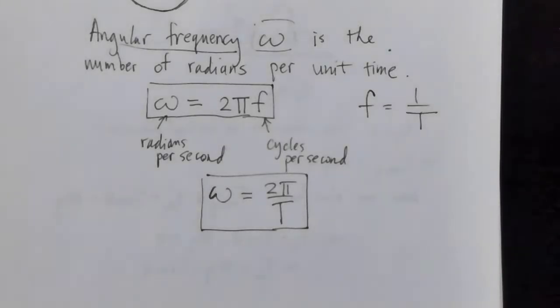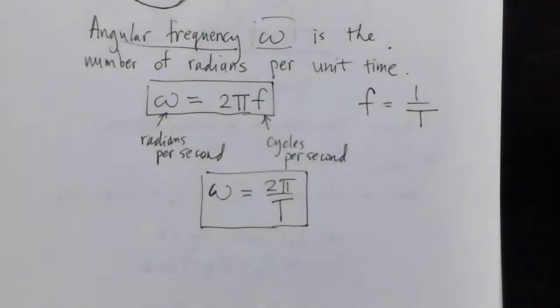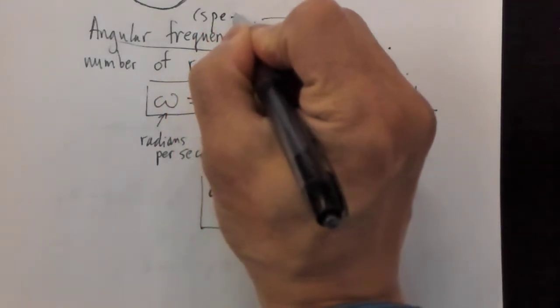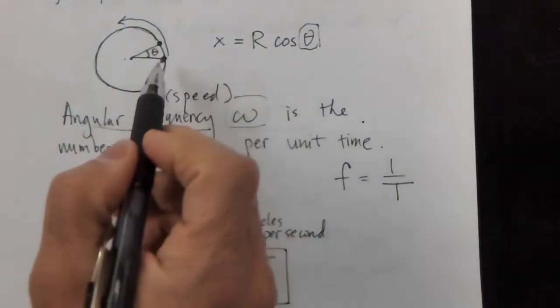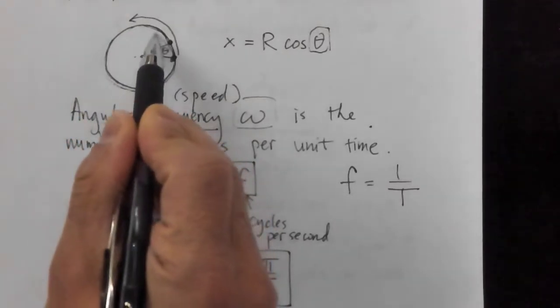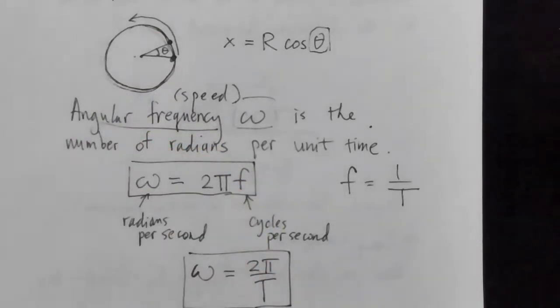Okay. Now, I've switched the words on you, but you've seen the symbol before. We've called this angular speed. And you can see the connection here if I think of the oscillation as the particle going around the circle, and then this x-coordinate will be how it's oscillating, just like the little demo.